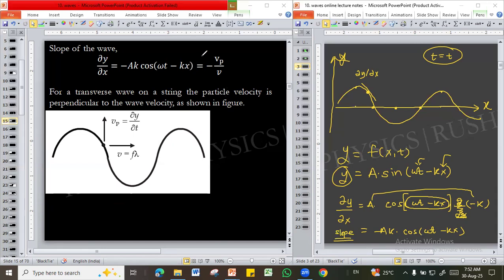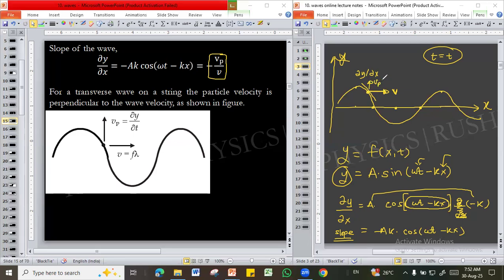Now the slope of the wave is actually the negative ratio of particle velocity to the wave velocity. Slope of the wave at any given point is, okay, this is your wave velocity and this is your particle velocity. The wave is traveling rightward and particle is oscillating up and down.